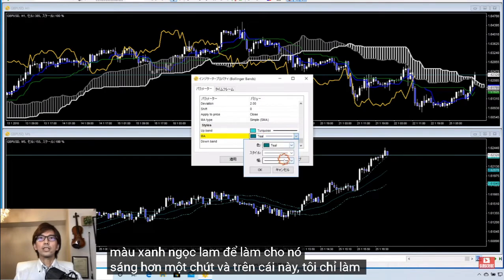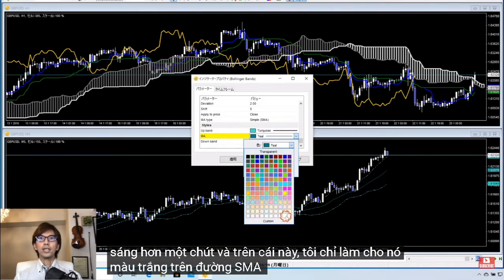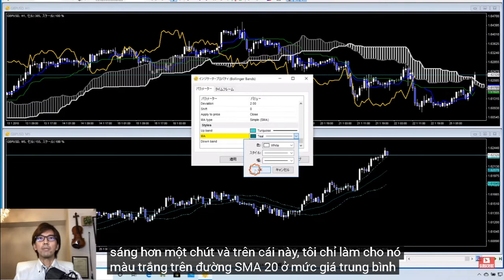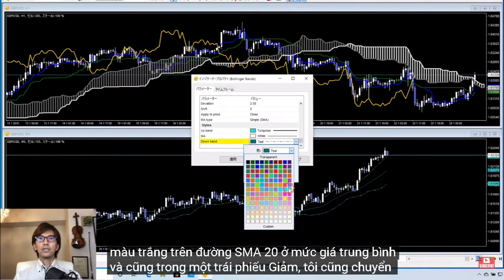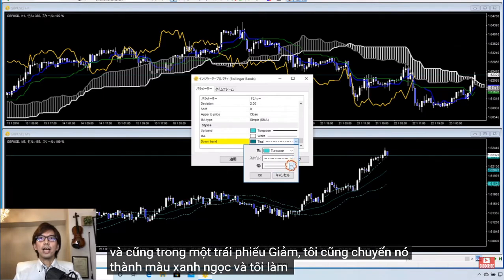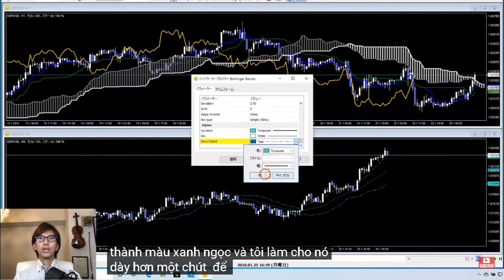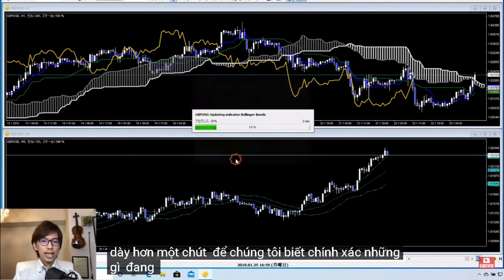On the 20 SMA on the mid price I just make it white, and the down band I also turn turquoise and make a little bit thicker so that we know exactly where the squeeze is happening.